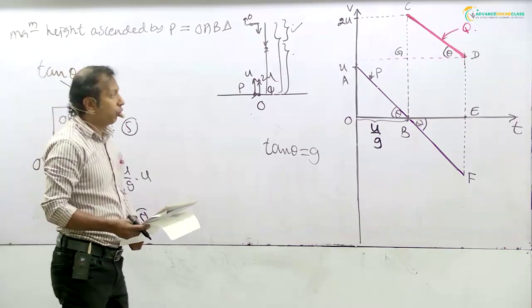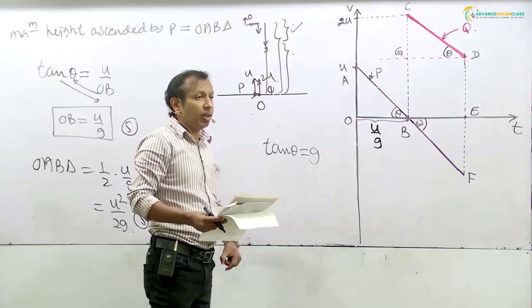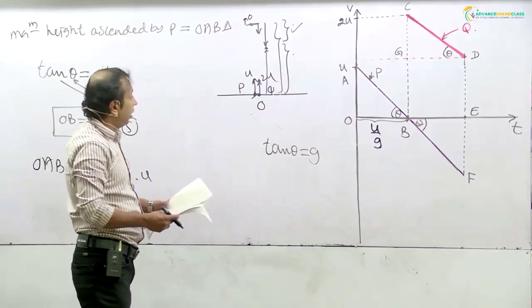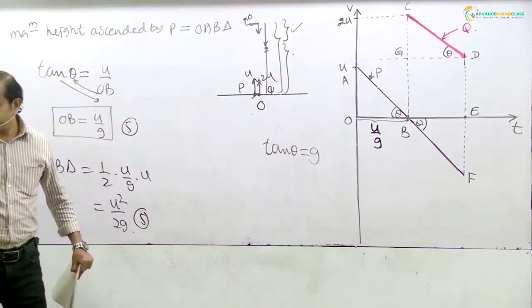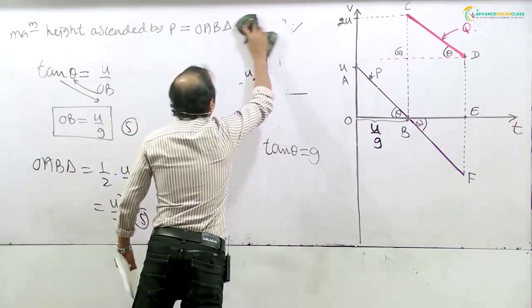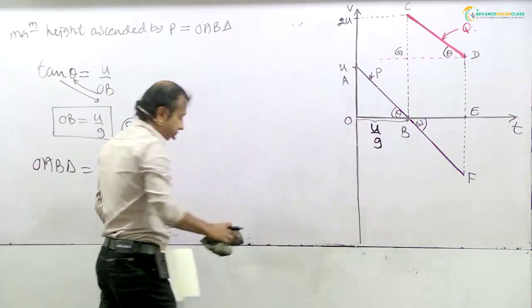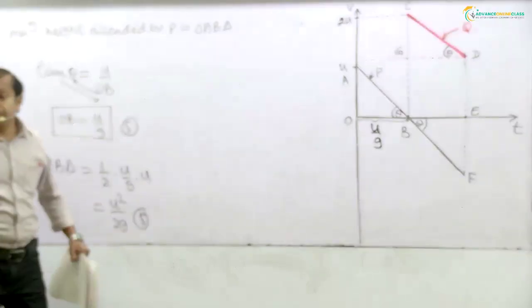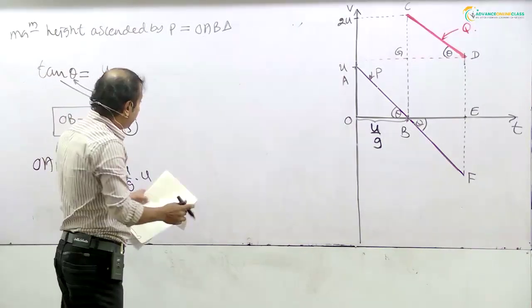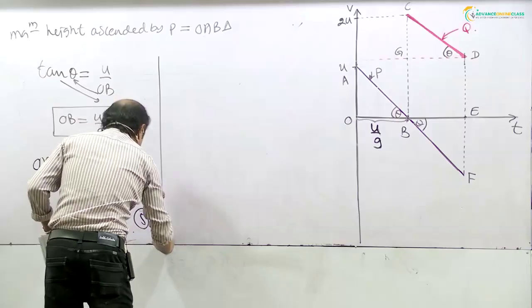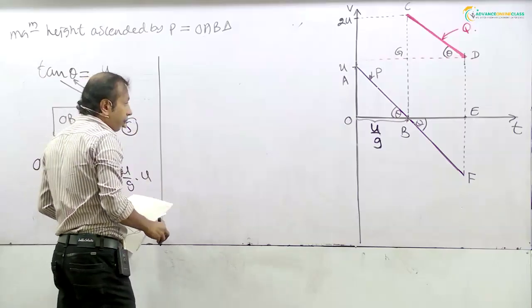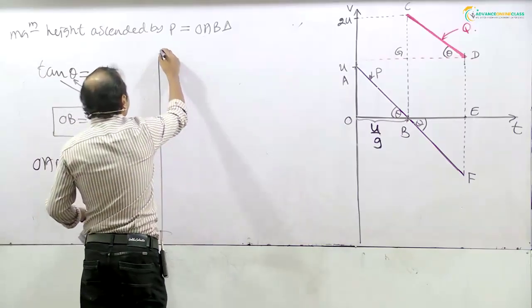It is equal to the maximum height ascended by P. Put 5 marks for this. That statement, 5 marks.